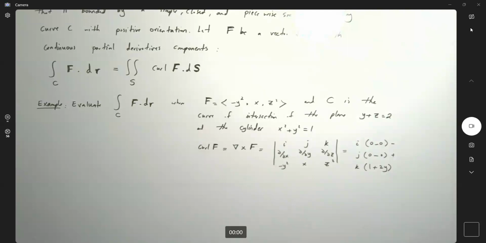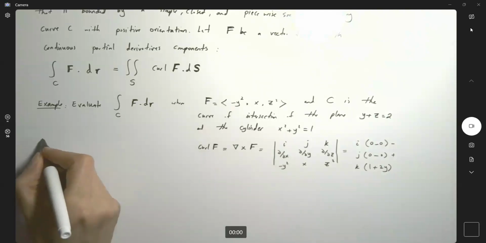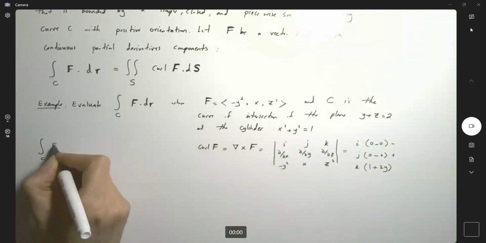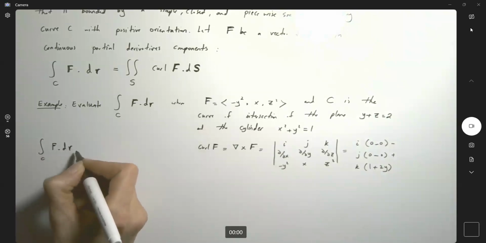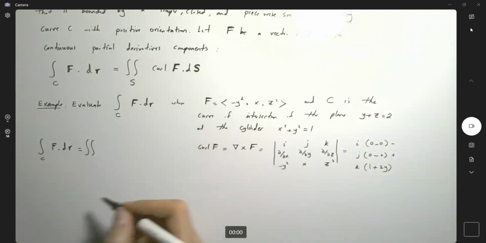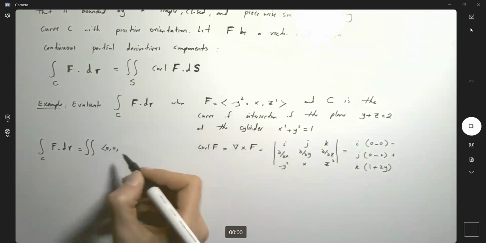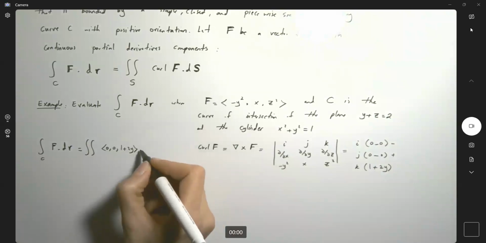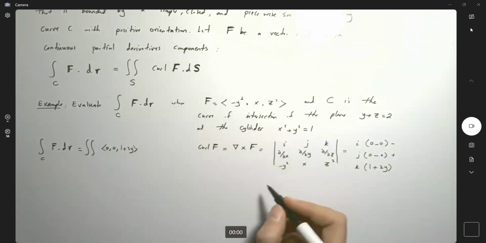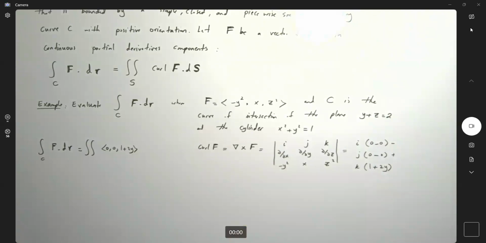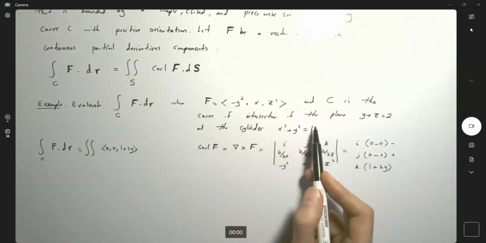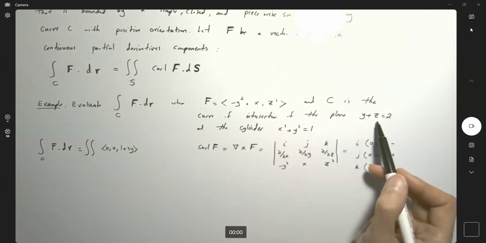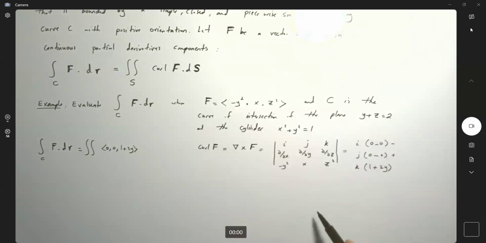This is my curve, all right? So my line integral of F dot dr is nothing but the double integral of (0, 0, 1 plus 2y) dot dS. Here you have the scenario that we have. The region x squared plus y squared equals 1 and y plus z equals 2 have a cross section between them, right?